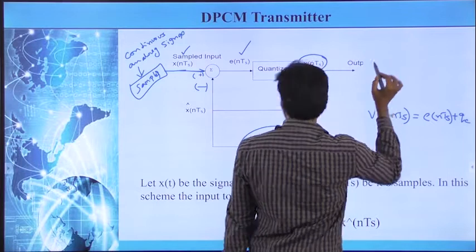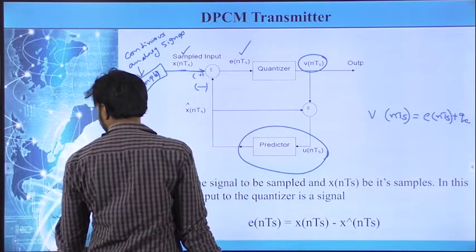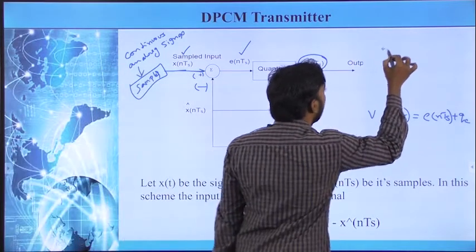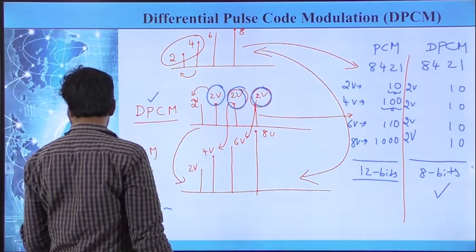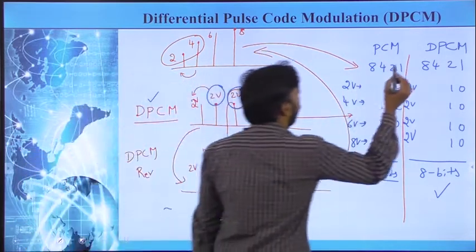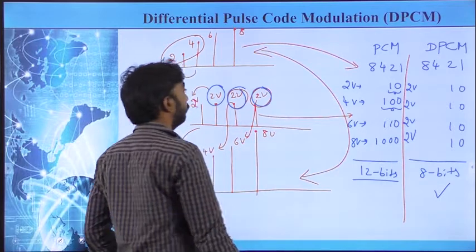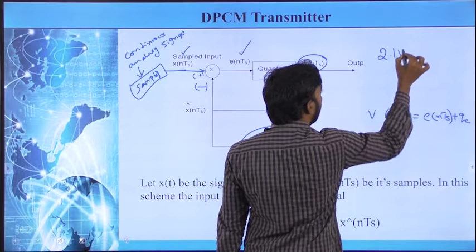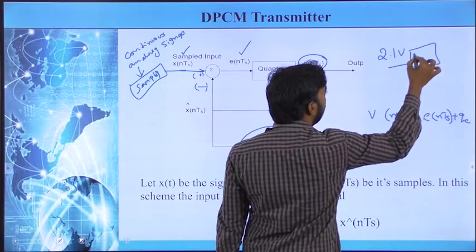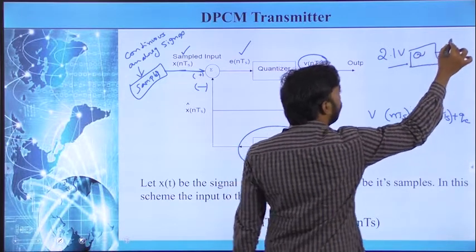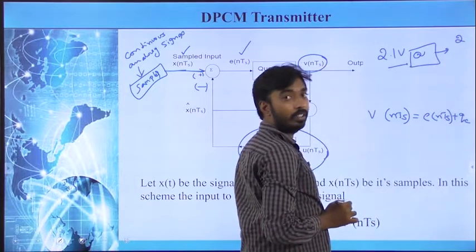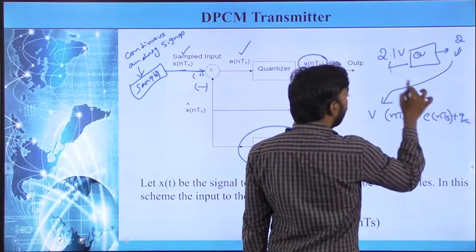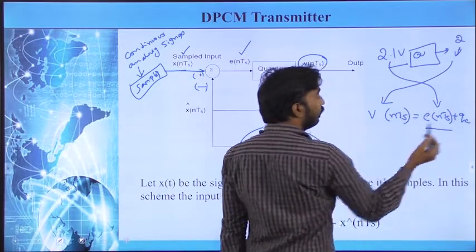Suppose I give 2.1 volt to the quantizer, the quantizer will give 2 volts, right? Now this is the output of the quantizer I am talking about. This is the input signal, the input to the quantizer.